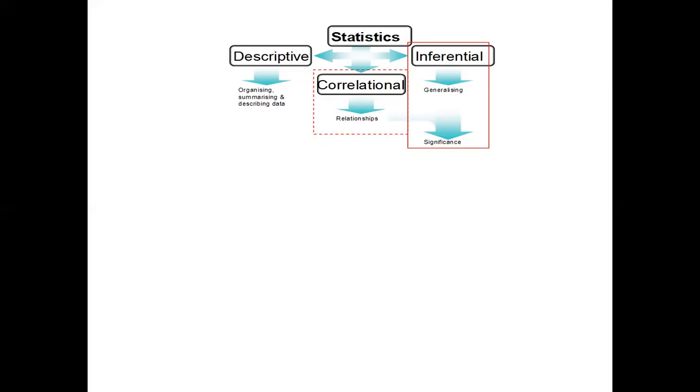Now, population is the total number of people under consideration, that is our target population of study. The sample is the fraction or proportion of the population being considered for a study.